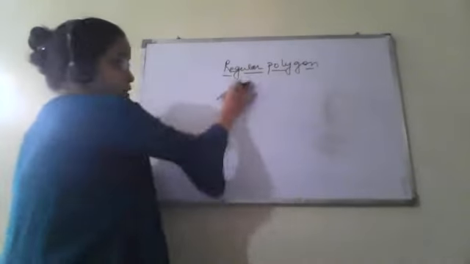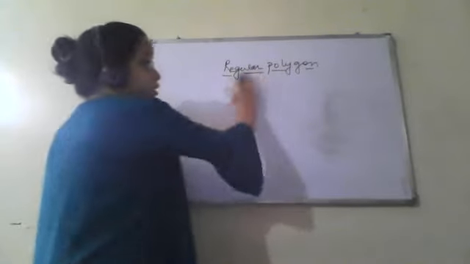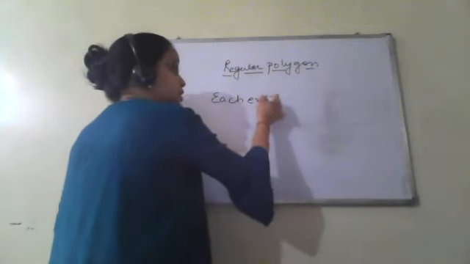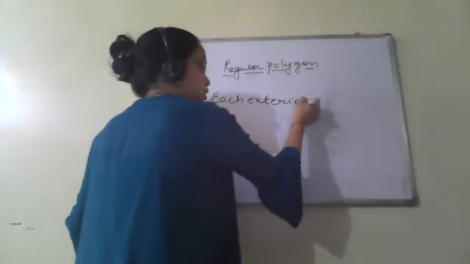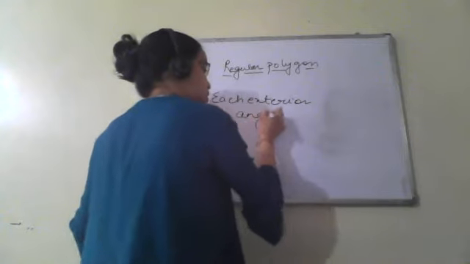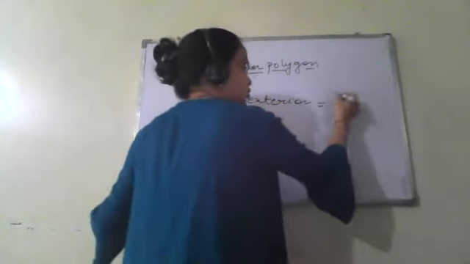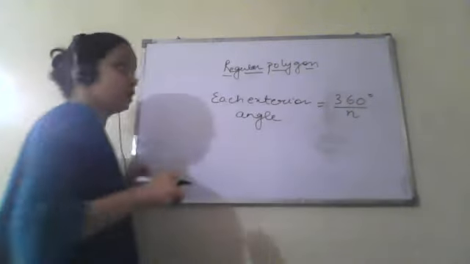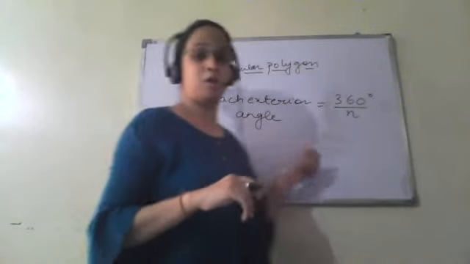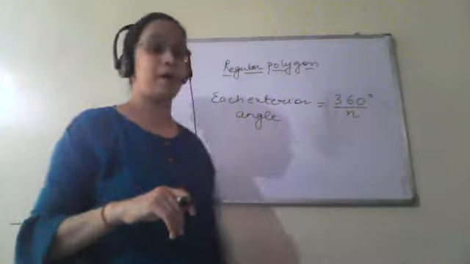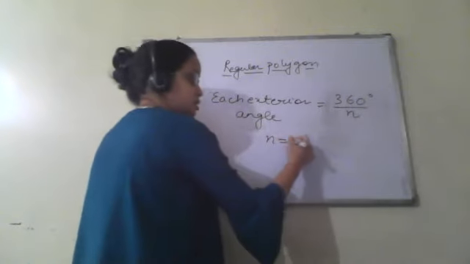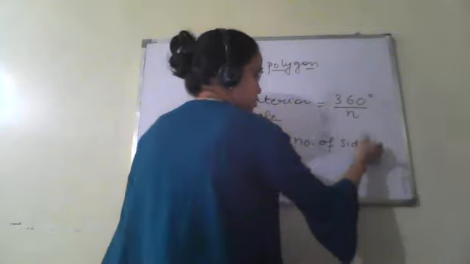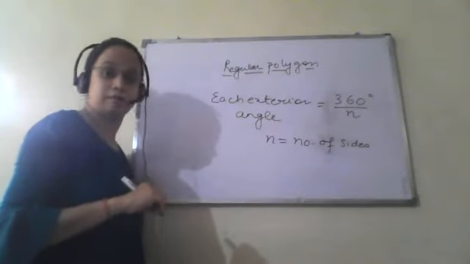For a regular polygon, each exterior angle will be equal to 360 upon n, where n is the number of sides. Clear?